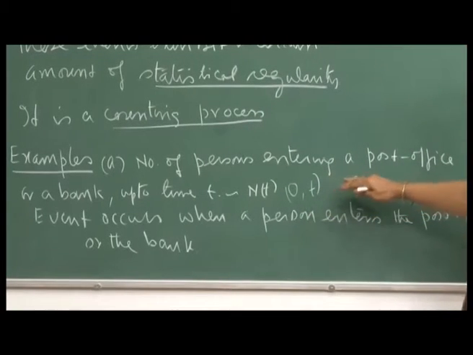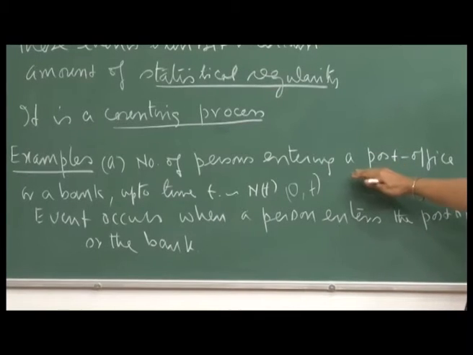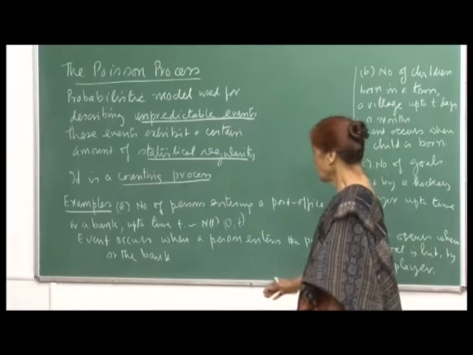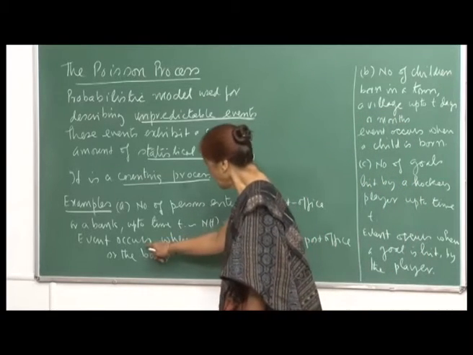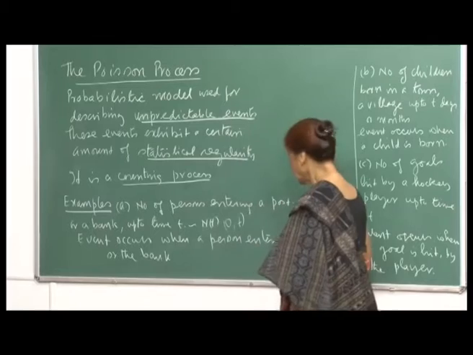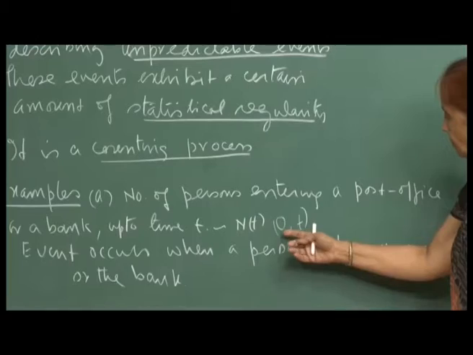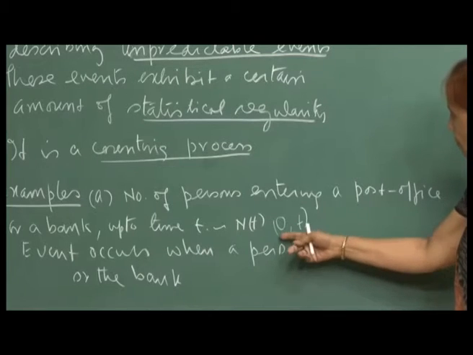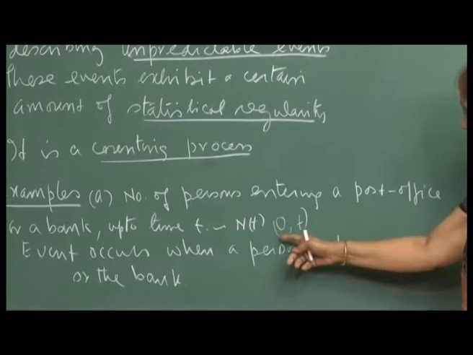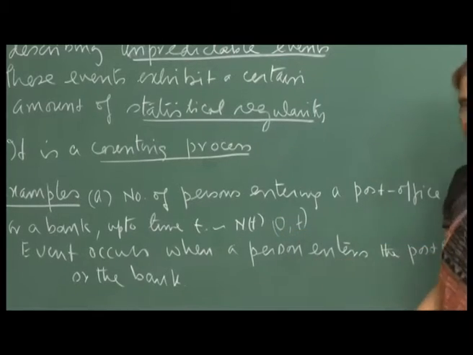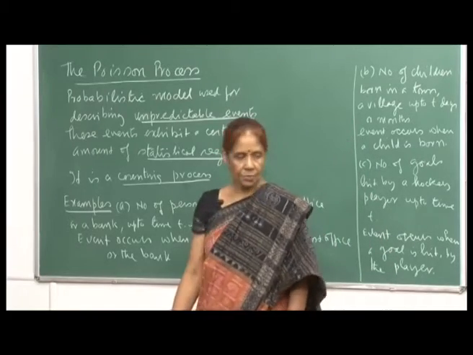An event will occur when a person enters the post office. Therefore, N(t) will give you the number of people who have entered the bank or the post office from time 0 up to time t.